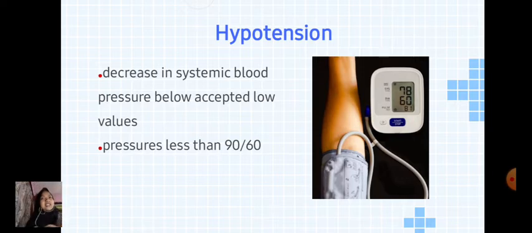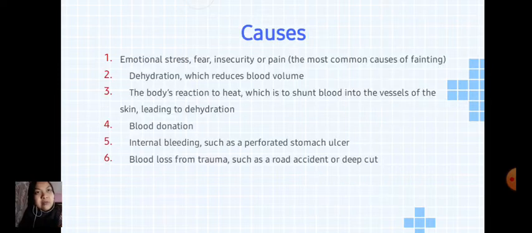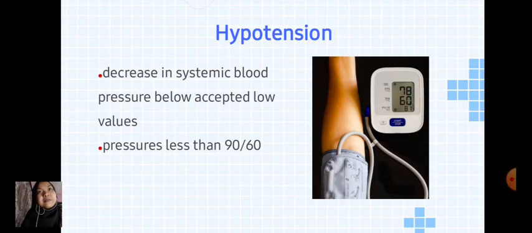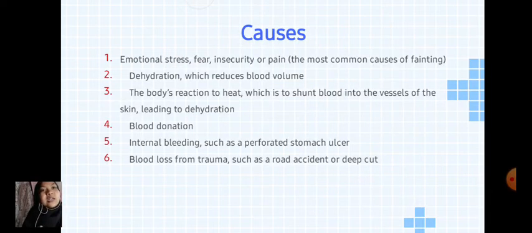And next, number 1B, please, Sergio. What causes hypotension? Okay, that's right, Sergio. Hypotension is caused by emotional stress, fear, insecurity, or pain.